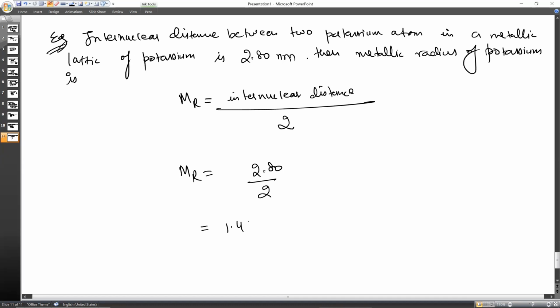Got it? Yes. This is the metallic radius, so it is simply divided.